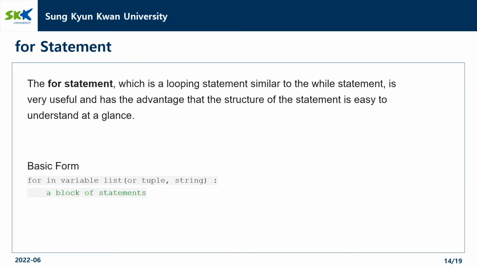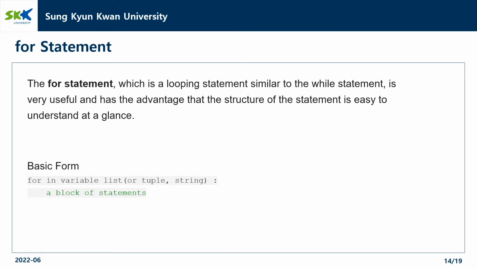Next, let's learn about the for statement, which is another loop statement. This for statement best represents the intuitive characteristics of Python. The for loop, which is a looping statement similar to the while statement, is very useful and has the advantage of being able to see the structure of the statement at a glance.